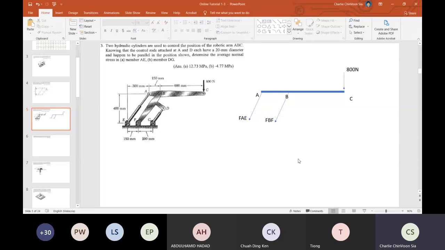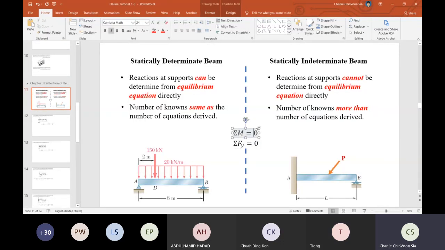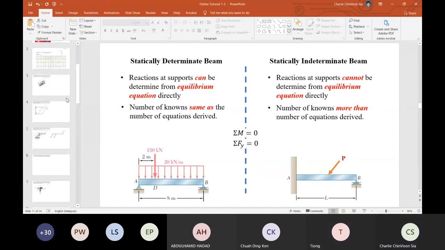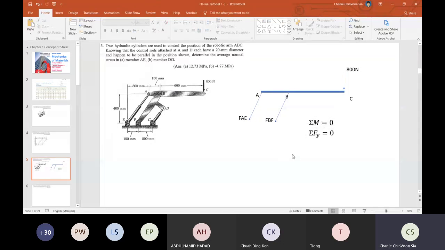Just apply the equilibrium equations. For example, if you want to determine the force for BF, you assume the sum of the moment at A equals 0. And then after that, you apply sum of Fy equals 0. So it's basically these two equations. All you need to do is apply these two equations to determine the force for AE and the force for BF.